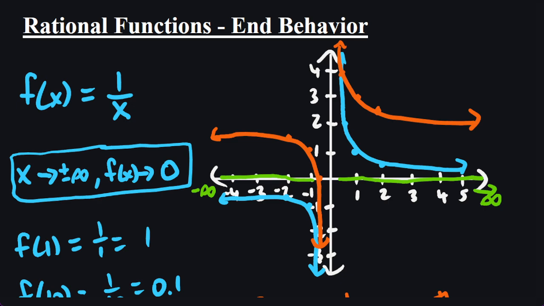And as you can see right here, the end behavior is a little different. So as x approaches positive infinity, this way, g of x approaches not 0, but it approaches this line right here at y equals 2. So let me draw y equals 2 right here.